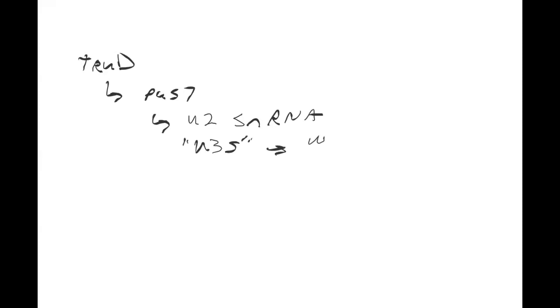This is dealing with PUS7, and it's the U2 snRNA. Okay, there's different types of snRNA. In this case, it's the U2 version, and it's at the U35 position that it makes the modification into pseudouridine 35.